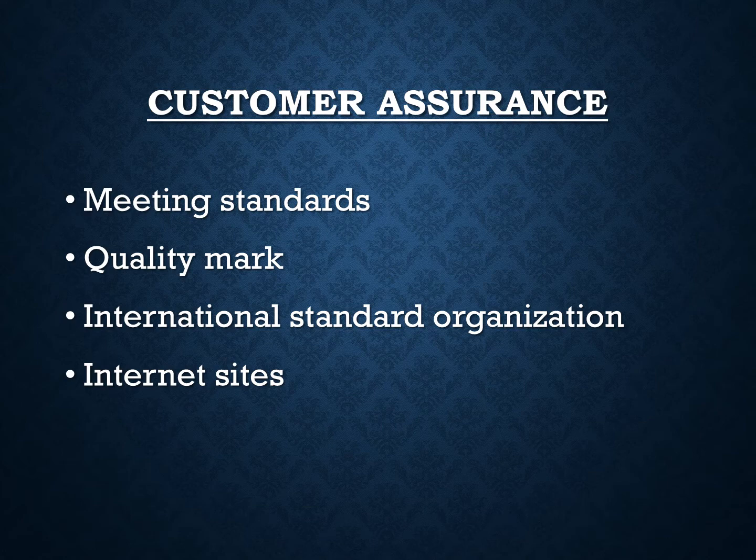If a customer wants to be sure that the product or service will meet particular standards, then they can look for a quality mark associated with the product or service. The business can apply to have this quality mark on their goods or services, and they will have to follow certain rules to be able to keep this quality mark.